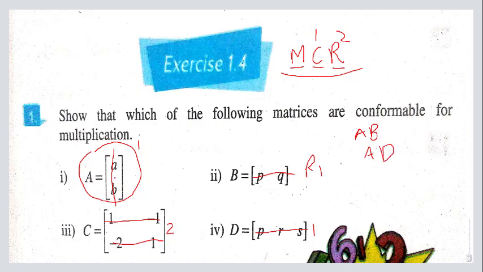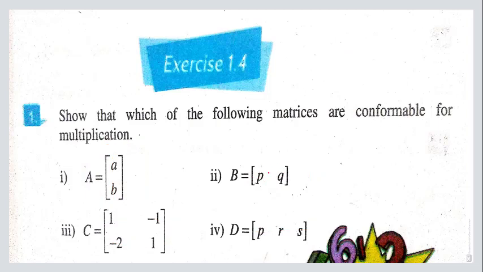Now come to the B matrix. Check the number of columns in the B matrix. There is one column and then the second column. So columns are 2. How am I doing this? According to this formula MCR.